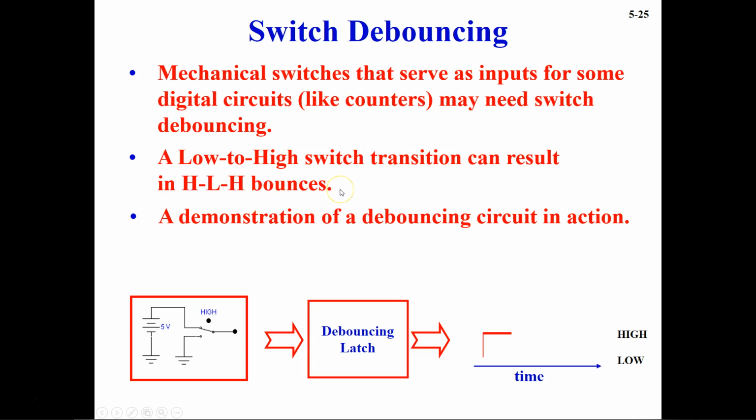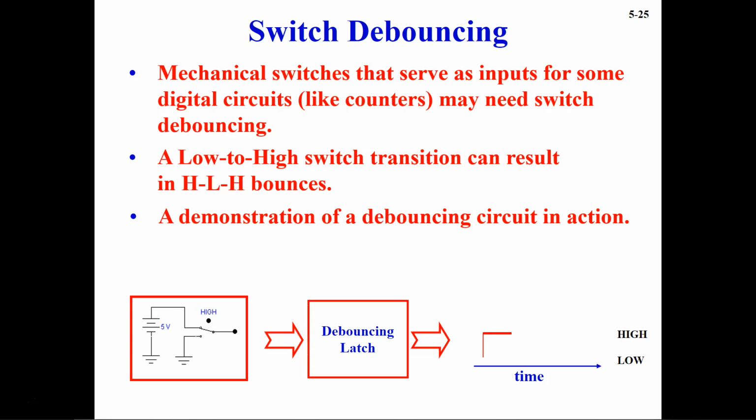So what happens if you use a push button or a toggle switch, and if you press it, then you know that the two metal parts come into contact to short the supply, but they don't connect instantly. The metal parts connect and disconnect several times before the actual stable connection is established. And the same thing happens when you release the button.